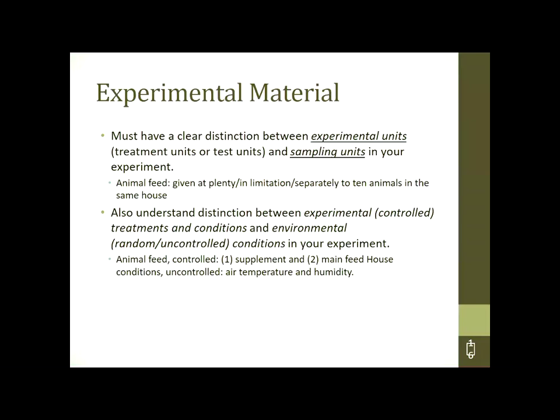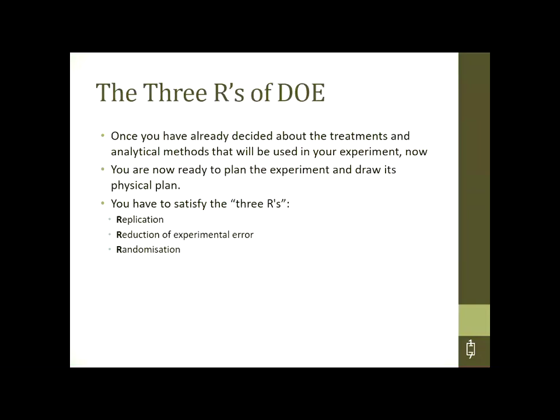Temperature might change from morning to afternoon, from day to day, or potentially we could control that in some experimental systems. Humidity might be uncontrolled. Normally day length is not controlled, but we could also control that with artificial lighting if we wanted to.